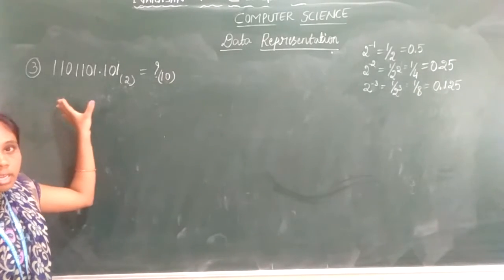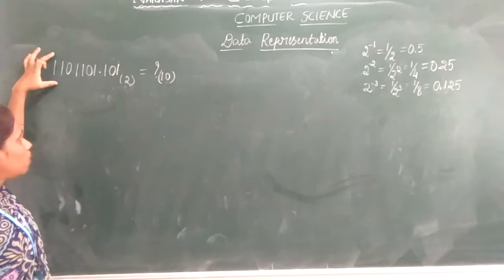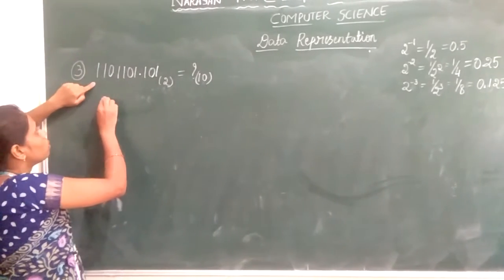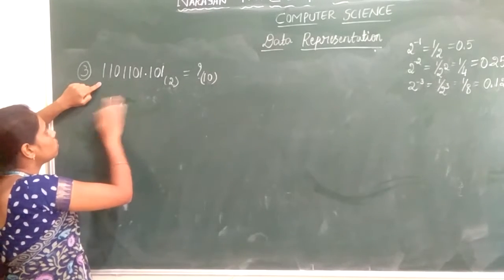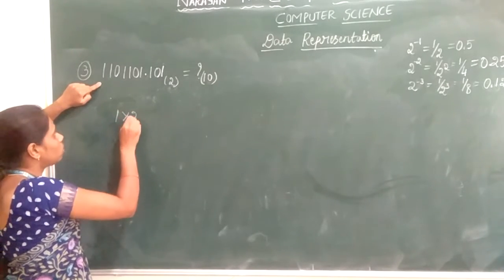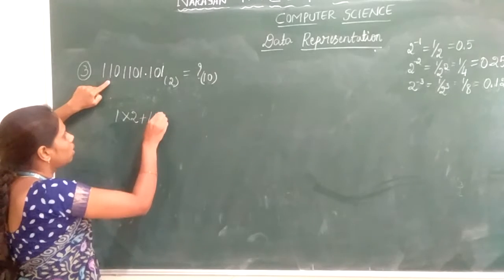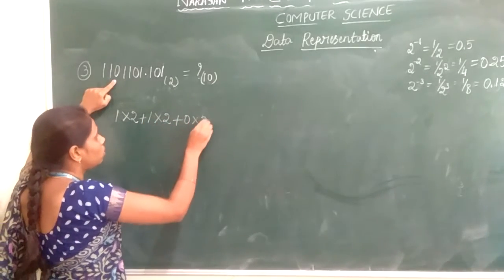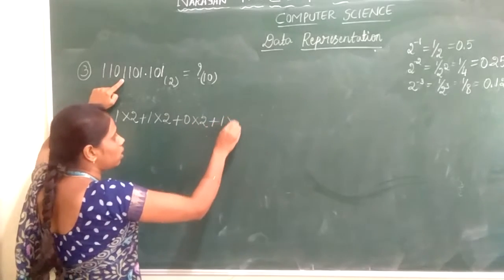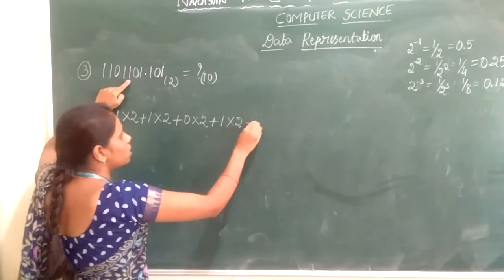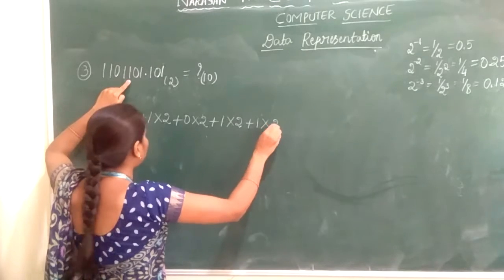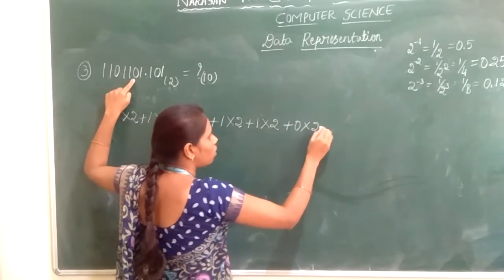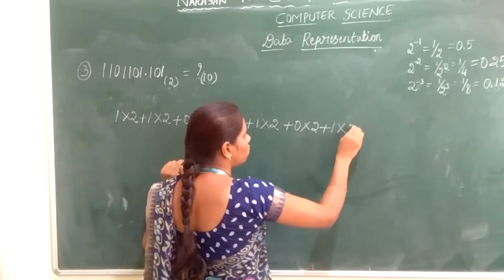This is another example problem. Now multiply each and every digit by 2. 1 into 2 plus 1 into 2 plus 0 into 2 plus 1 into 2 plus 1 into 2 plus 0 into 2 plus 1 into 2.